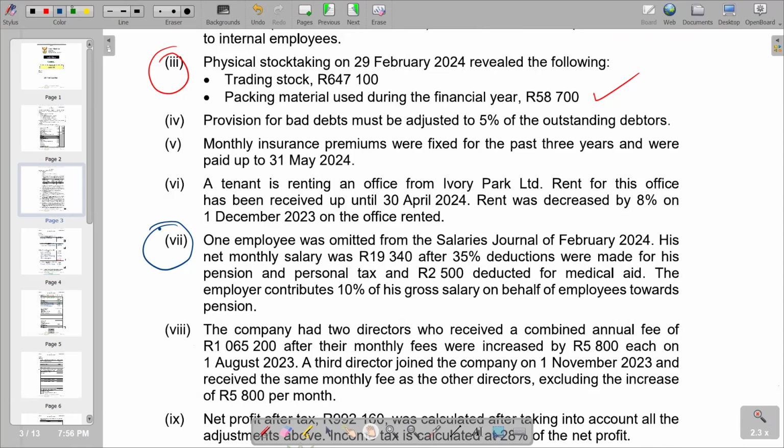So we say 19,340, then we add 2,500. What do we get there? You get 21,840.